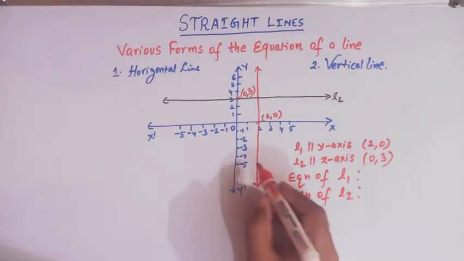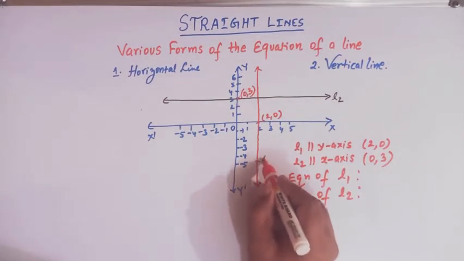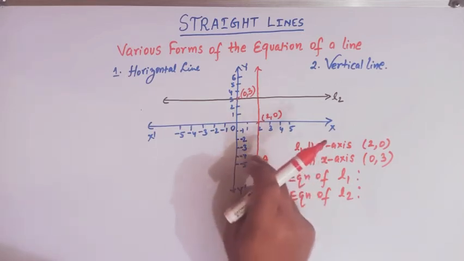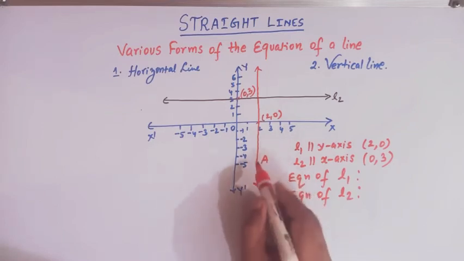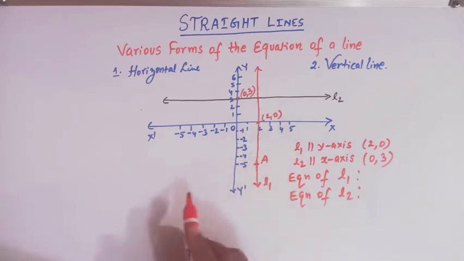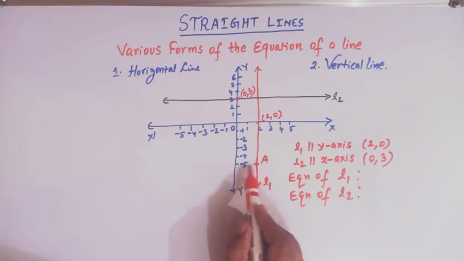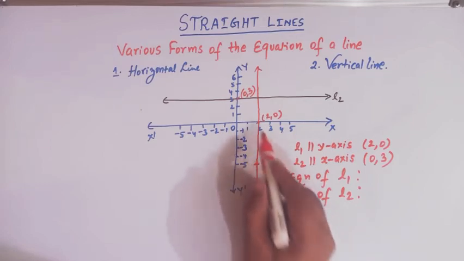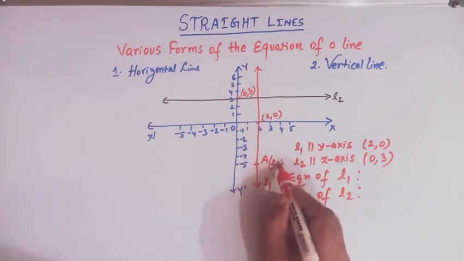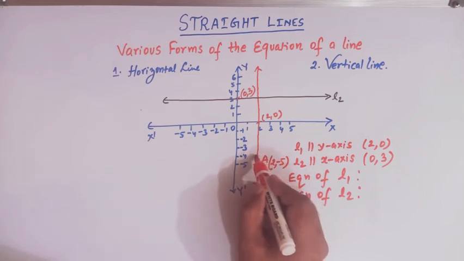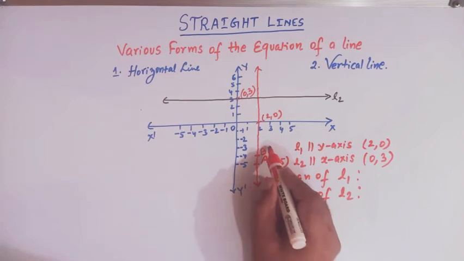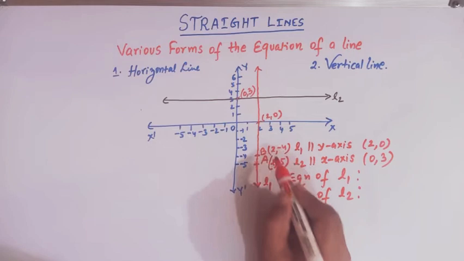Now here we see that on this line L1, let us take a point, say A, and suppose the coordinate of this point A is 2, -5, right? Let us take a point here, say this is point B. Now the coordinates of this point B are 2, -4.